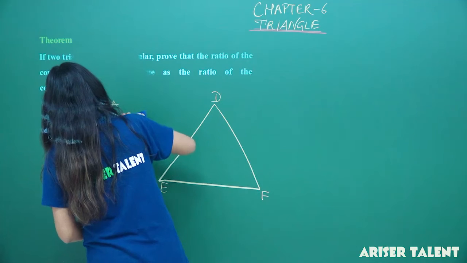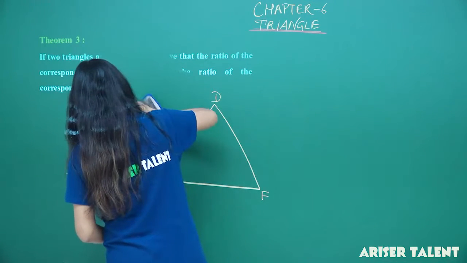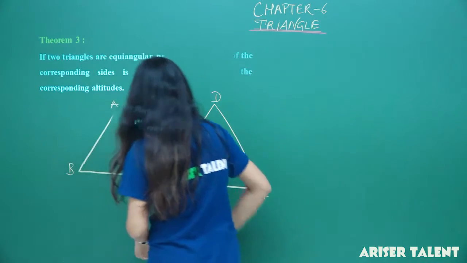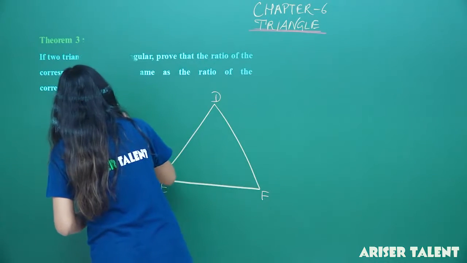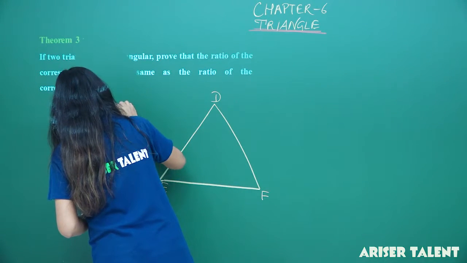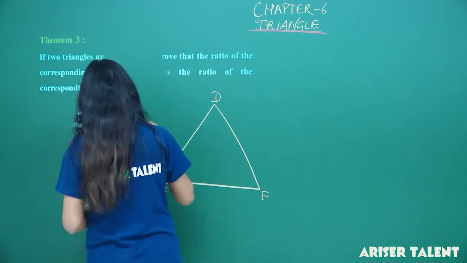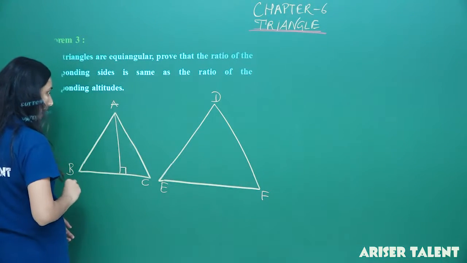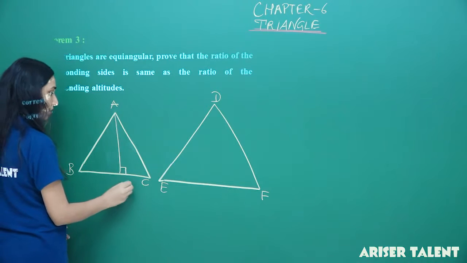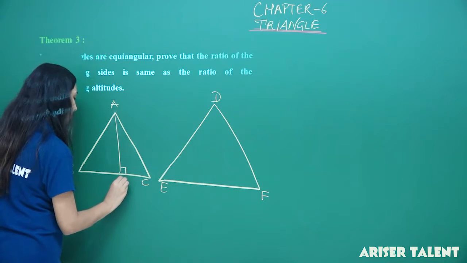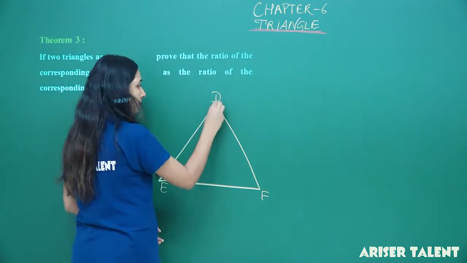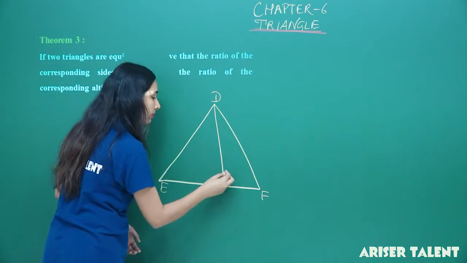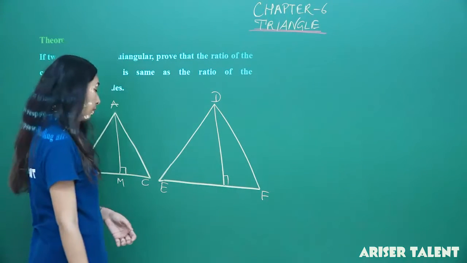What have I done? Okay. So I am drawing an altitude here from A to BC. Okay, let's call it M. Okay, and let's call it N.